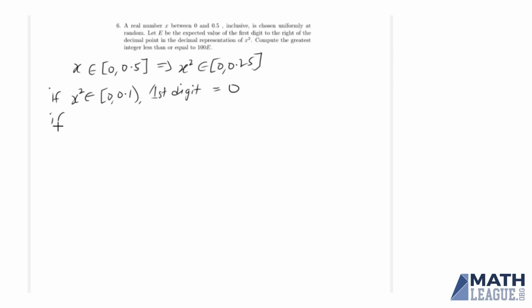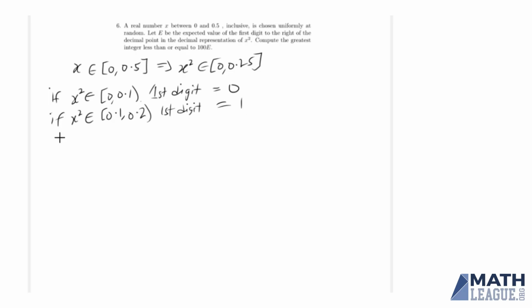Now if x squared belongs to this sub-interval, 0.1 to 0.2, let me clear this and rewrite it well. If x squared is in this half interval, then the first digit after the decimal point is 1.